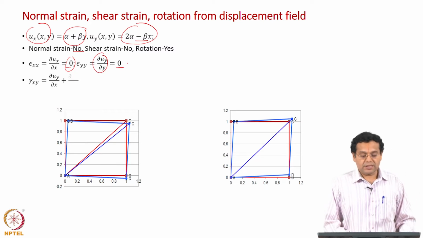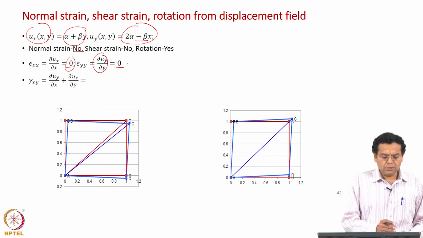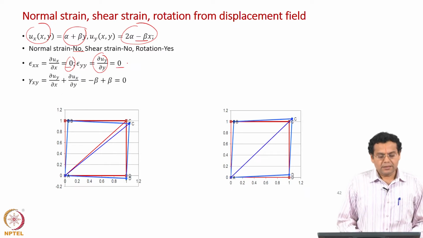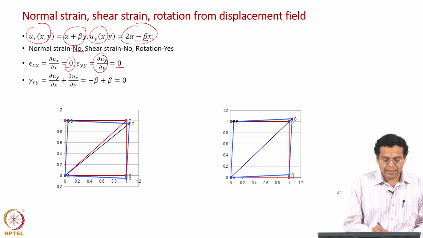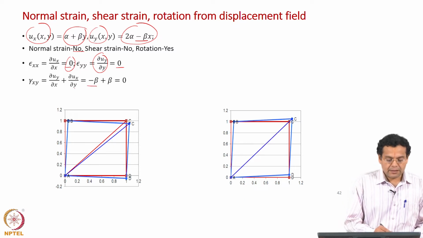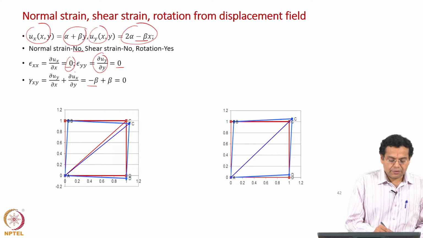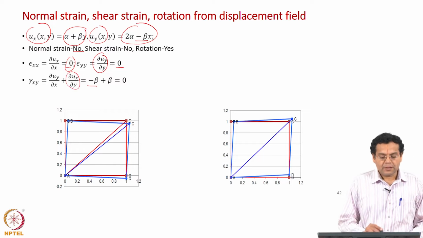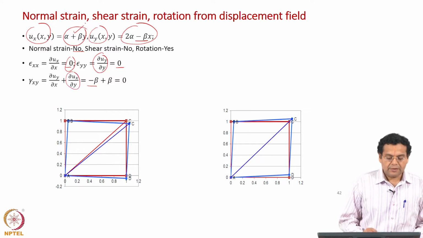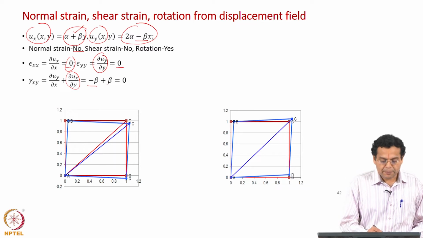Now, what about shear strain? Dou u y by dou x, differentiate u y with respect to x, you get minus beta, and then we had dou u x by dou y. Differentiate this with respect to y, you get plus beta, giving you 0.